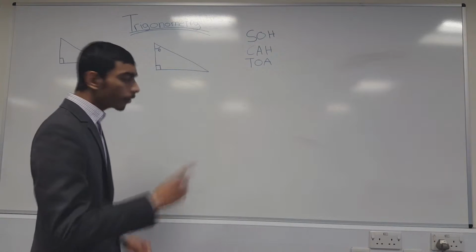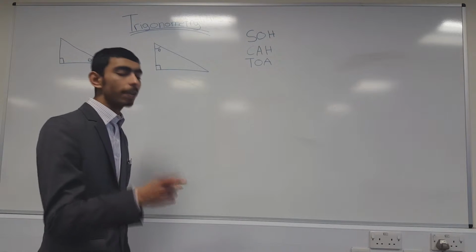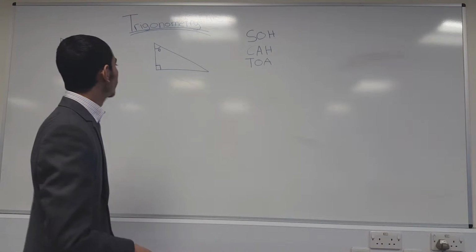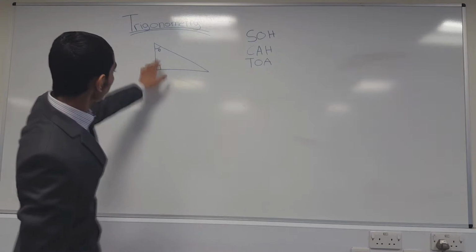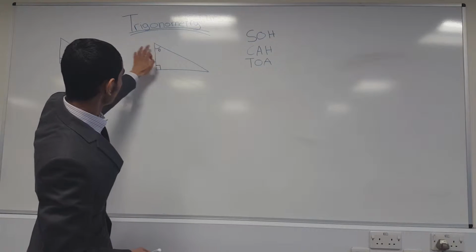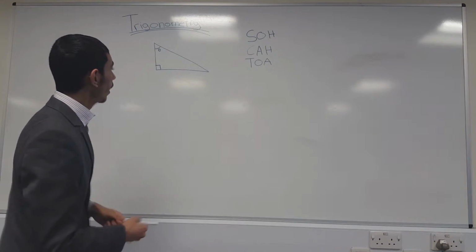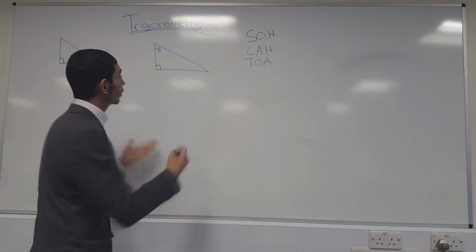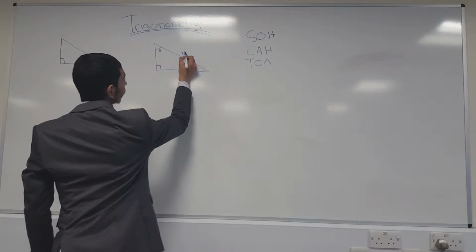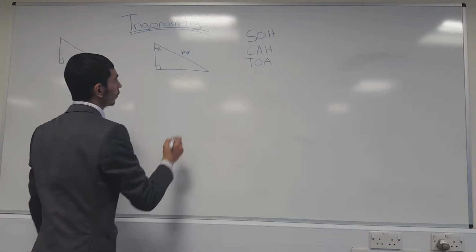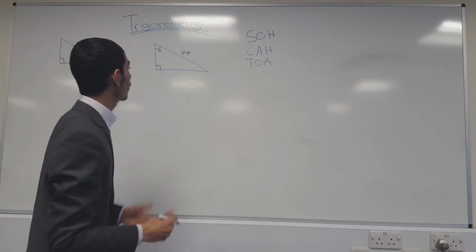Now, the longest side of the triangle is called the hypotenuse. So what we do is we just label that the hypotenuse. I've just abbreviated it to hype right now.